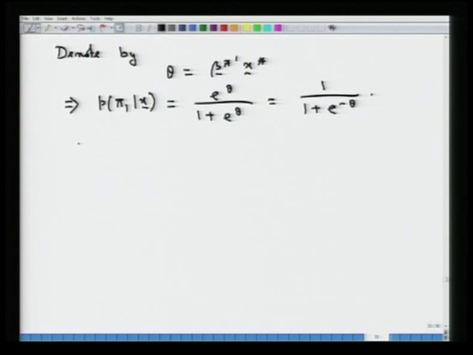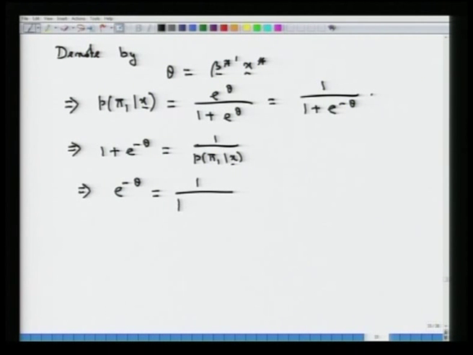So, if we have this expression, this would imply that 1 plus e to the power minus theta is equal to 1 upon p pi 1 given x. So, e to the power minus theta is equal to 1 upon p pi 1 given x, minus 1. That is, one can write the theta quantity in terms of log the other way around.